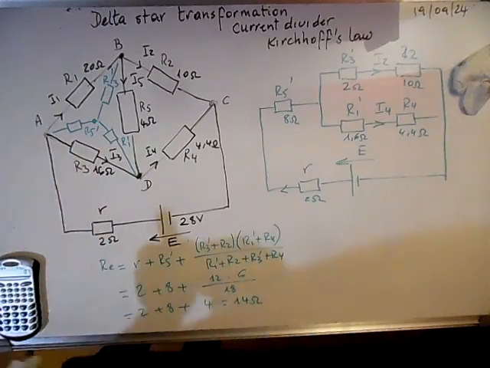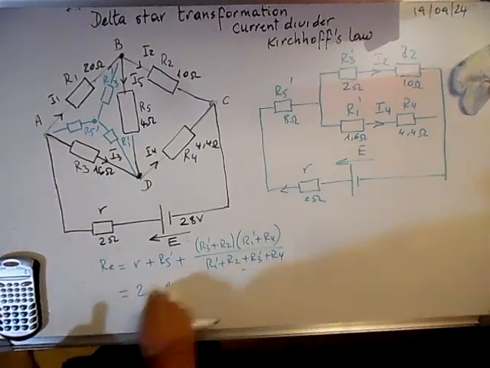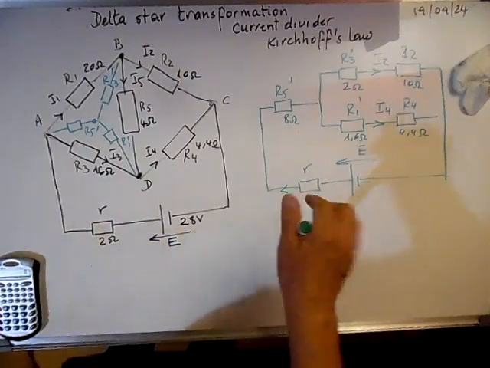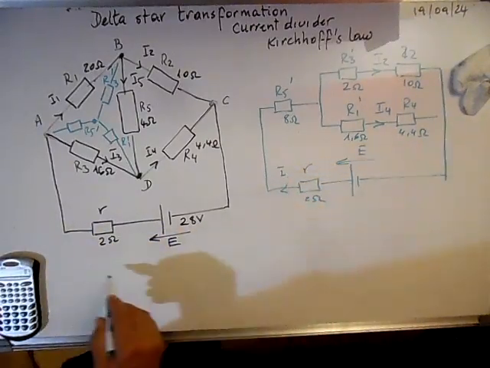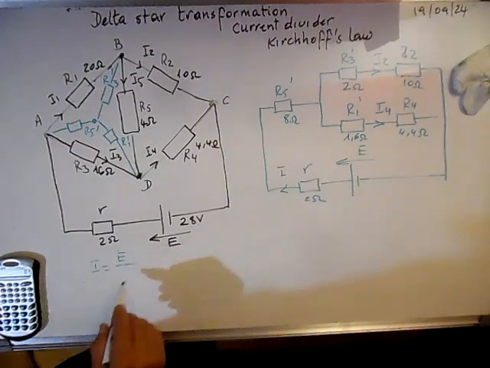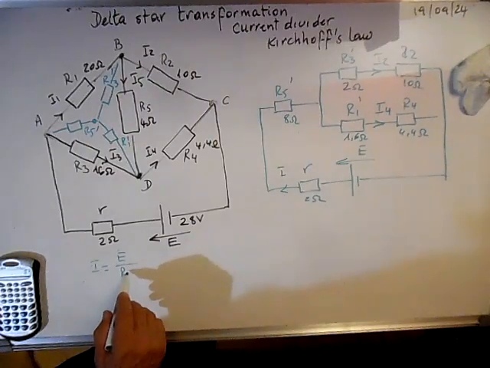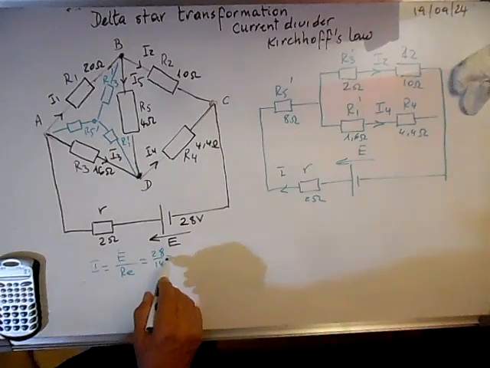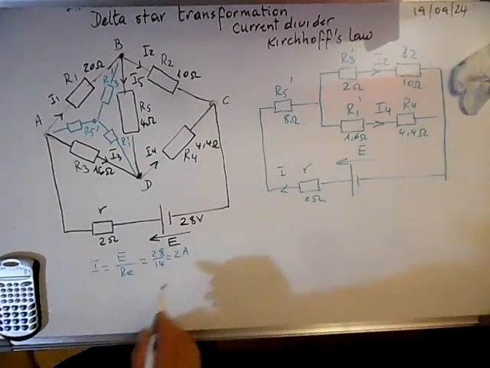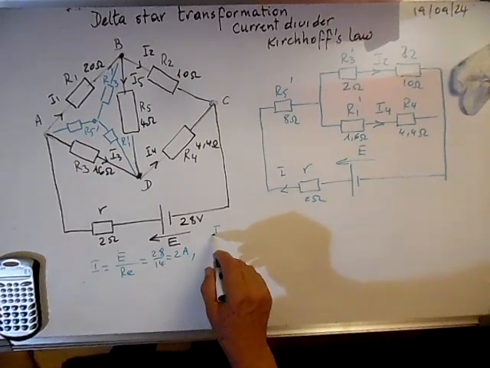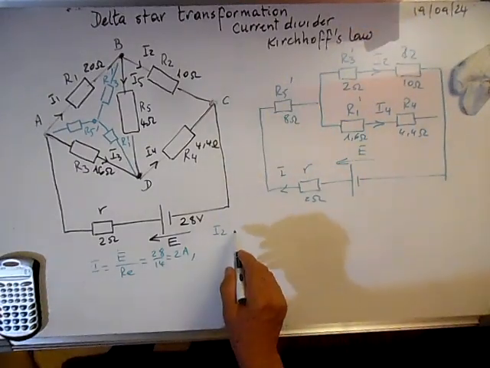So from here we can calculate the main current. I is the main current. I is equal to E over the equivalent resistance, and it's 28 over 14, and it's 2 amps. From here we can calculate I2 using the current divider.